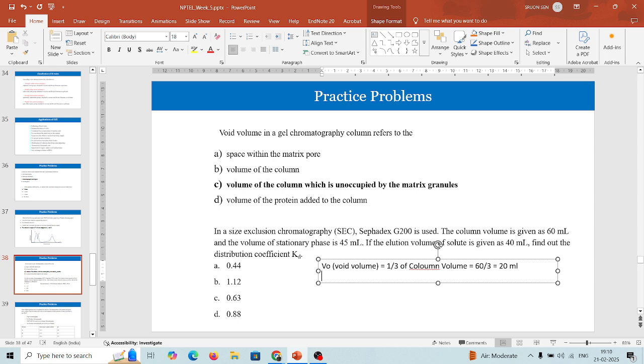Right now, what is given over here is the elution volume. So VE is equal to your 40 ml, and you have V as stationary as 45.